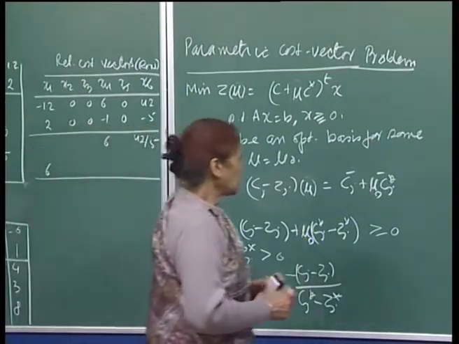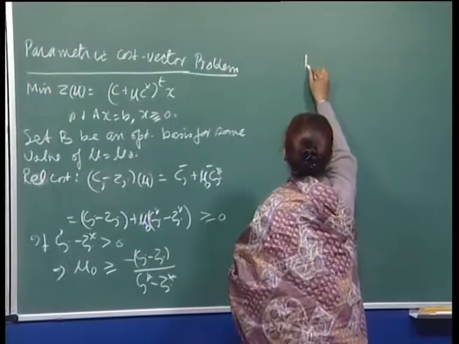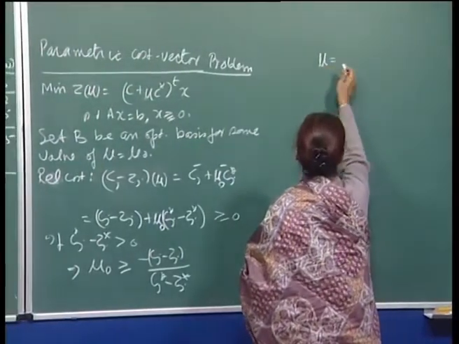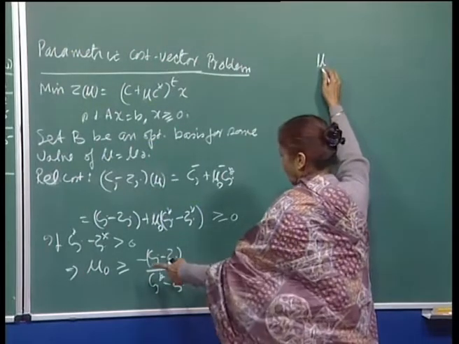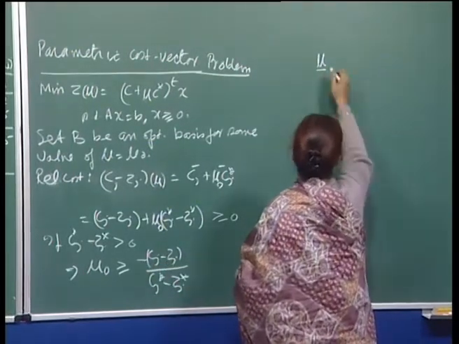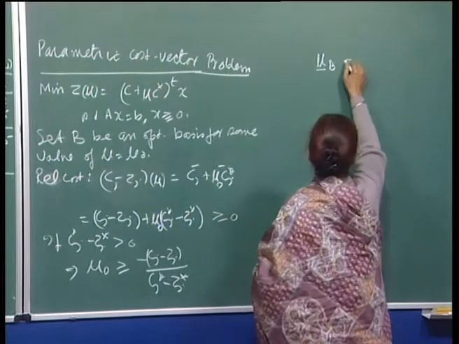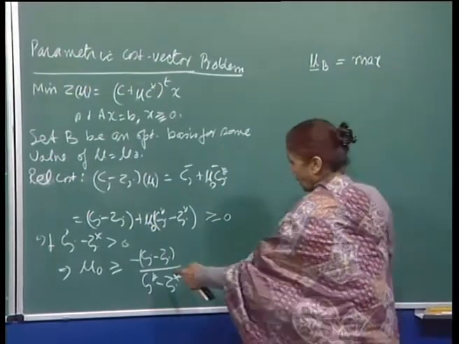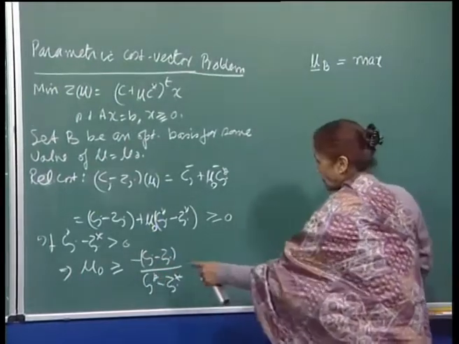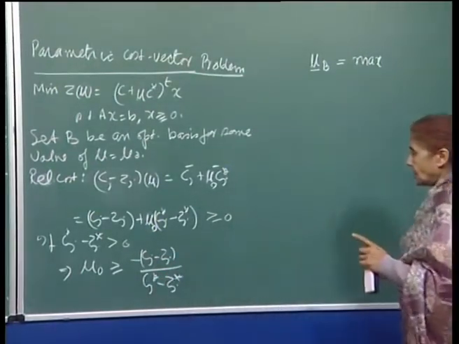So, let me define mu lower bar with respect to B as the maximum of minus (c_j minus z_j) upon (c_j star minus z_j star), over all j such that c_j star minus z_j star is positive.